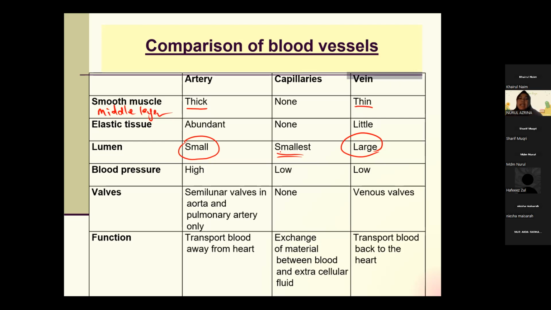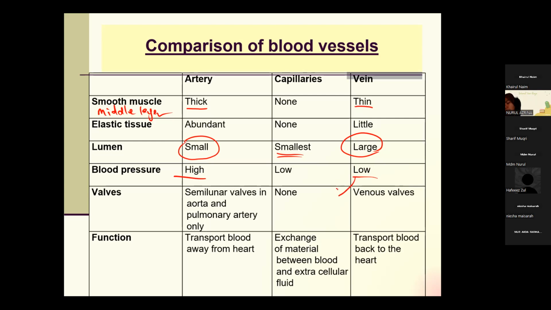Alright, so smallest lumen in the capillary. And in terms of blood pressure, blood flows in the artery have higher pressure compared to vein. Right? Habis tu madam, kalau pressure darah in the vein is lower, what makes blood can flow within the vein?